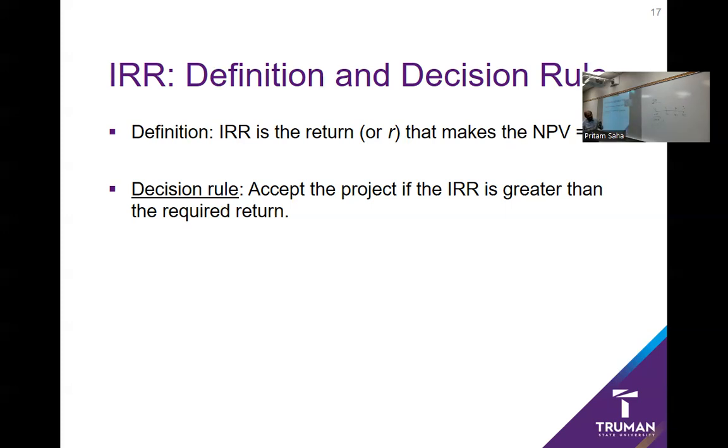Let's say for these projects, our required return is, hypothetically, 10%. Now, if you input these cash flows on the calculator, what is your IRR? Input on your calculator and tell me what is the IRR.